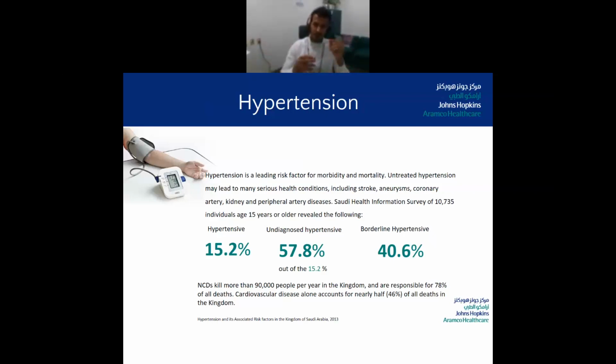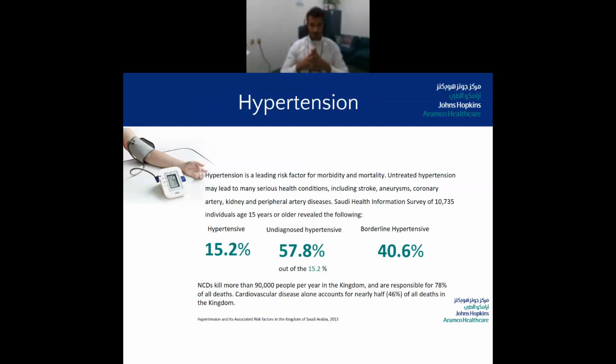And of the 15.2%, 57.8% are undiagnosed with hypertension. So that's the problem. Almost half of those people don't know they have hypertension. And 40.6% of those people are at risk of developing hypertension. They are at the borderline of hypertension.